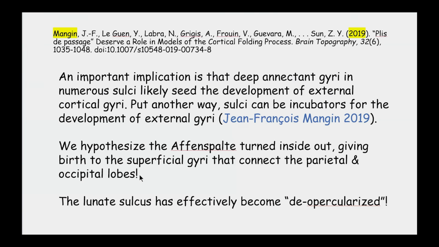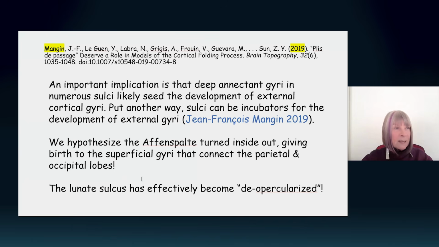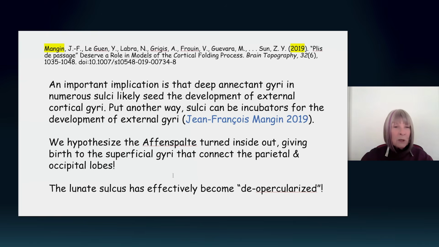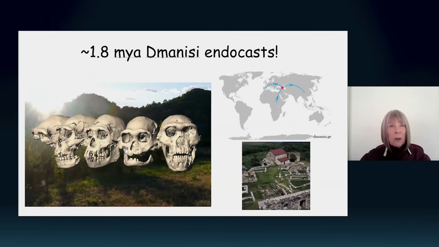And to give you a visual, we think that the lunate sulcus, which is also known as the Affenspalte, meaning ape sulcus, actually turned itself inside out during the course of evolution, connecting or continuing to connect parietal with new parts of occipital lobes, which it was creating on the surface. And Christoph Zollikofer said, aha, it de-opercularized what used to be the lunate sulcus. So he coined that term. All right. So we think that's what's happened to the lunate sulcus.